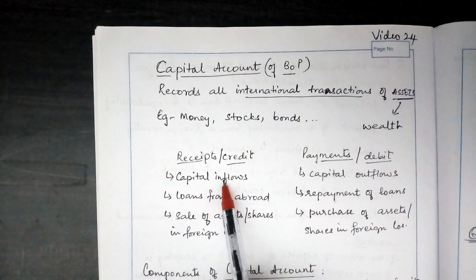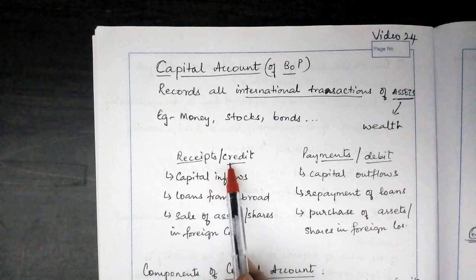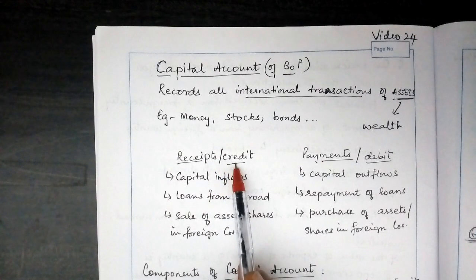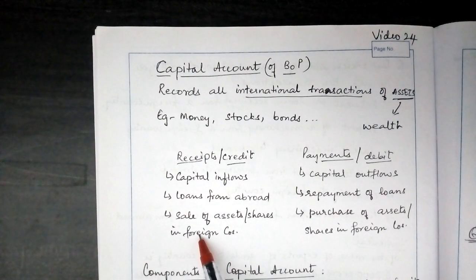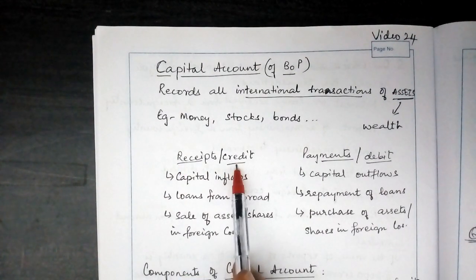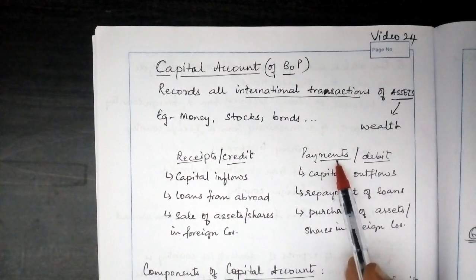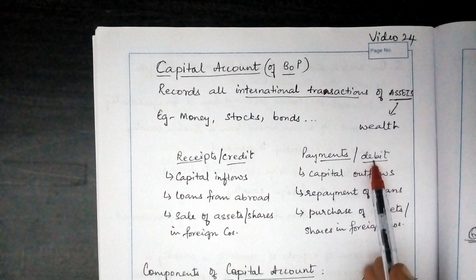So there is a capital inflow and hence recorded on the receipts or on the credit side. Sale of assets or shares in foreign companies also brings in foreign exchange, hence is a receipt and so recorded under the credit side. On the other hand, all the payments made are recorded on the debit side.